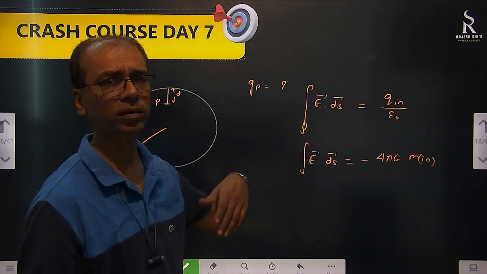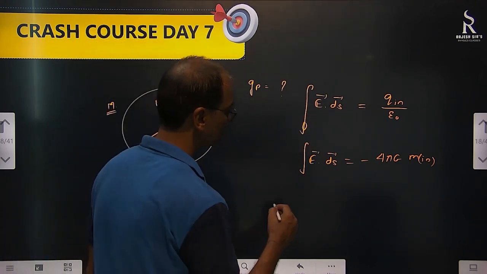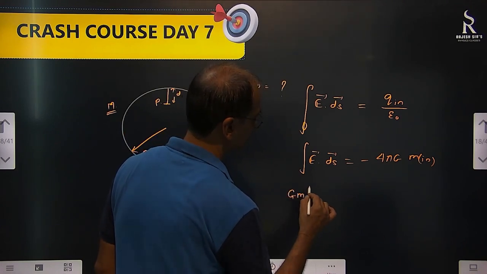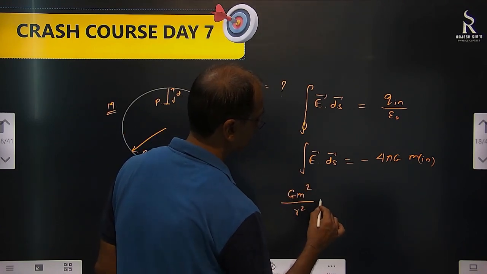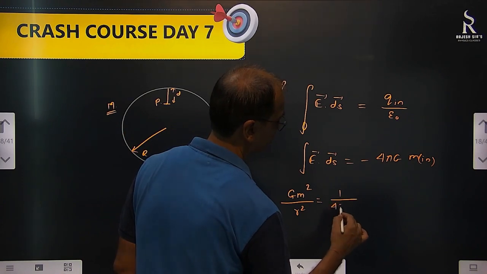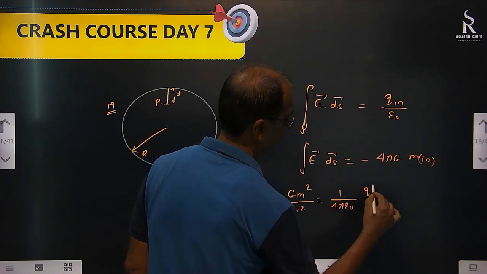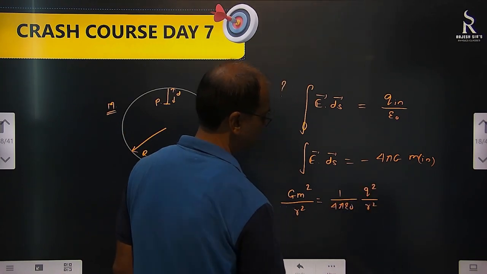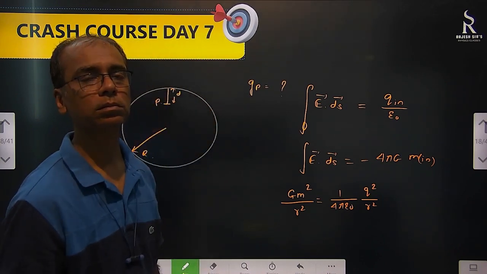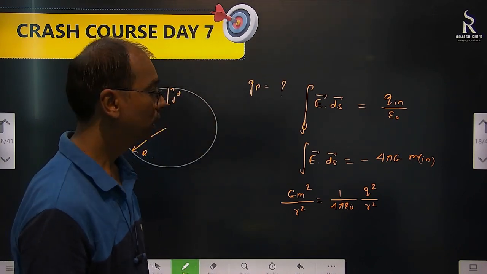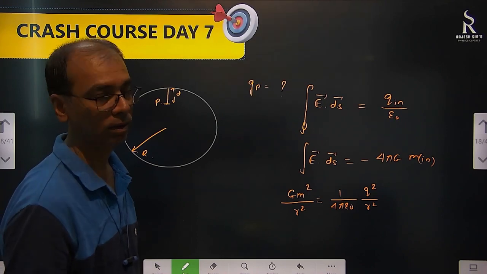How? Only epsilon naught we have to change, no? And what is the relation? See, gravitation force is actually GM square by r square, whereas electrostatic force is 1 by 4 pi epsilon naught q square by r square. Right or not? Now we have to get the value of epsilon naught.